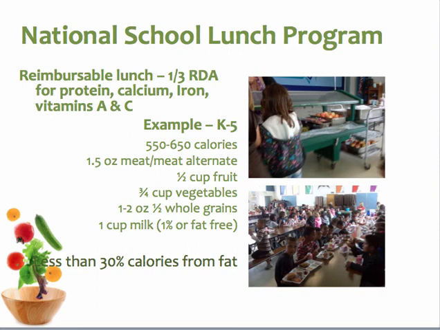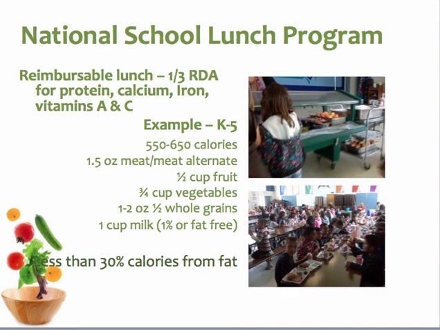And then lastly, the school lunch program is a great example of a very specific menu pattern that is required, that for the reimbursable lunch, and we'll not talk about breakfast yet, but the reimbursable lunch must provide 1/3 of the RDA for the nutrients that are listed here, and the amounts are slightly different once you get above the 5th grade, but the examples for kindergarten through the 5th grade are those that are listed that must be provided every day, and in some instances they're allowed a week to, on average, meet those requirements.